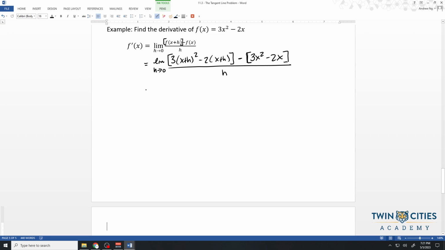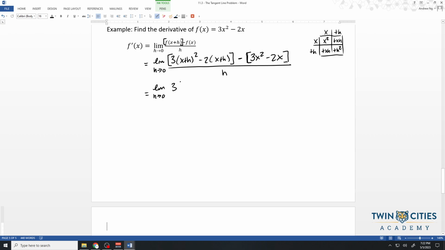Let's see what we have. This is equal to the limit as h approaches 0 of 3 times x plus h squared, so times itself, x plus h. I'll have x squared plus xh plus xh, and then plus h squared.